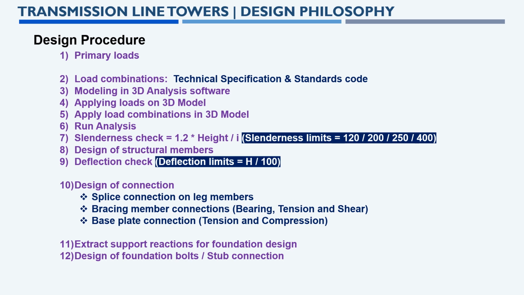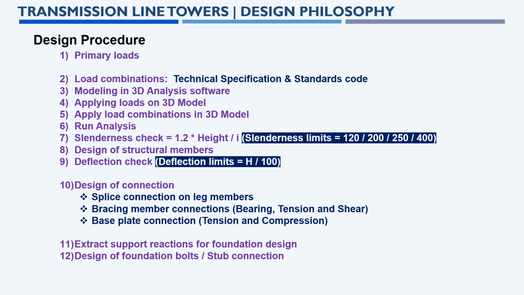Next one is the design of structural members. This we can do in 3D software itself, or else by manual calculation. Deflection check we need to do. Generally the code gives the deflection limit as height divided by 100. So that we need to check from the 3D software output or manual calculation output. Next one is the design of connections, like splice connections on leg members where a splice is required in between every 6 meter or 12 meter of material available.